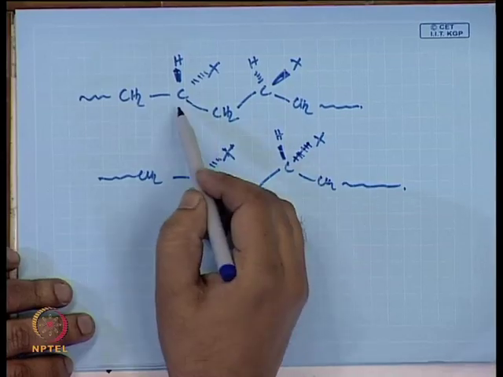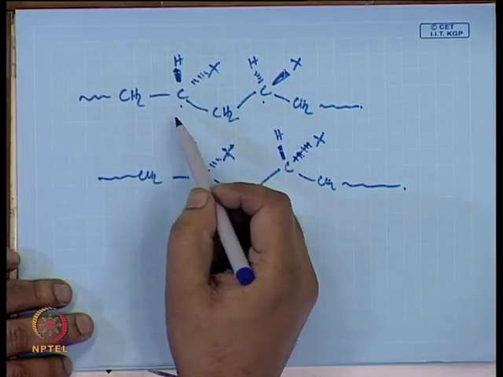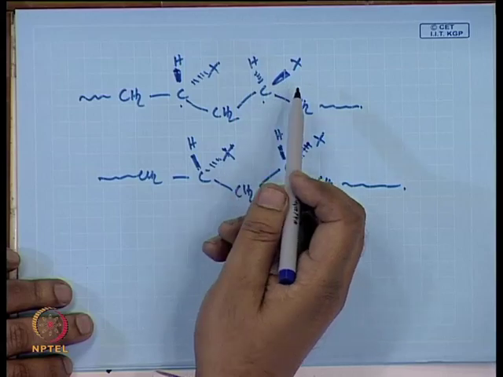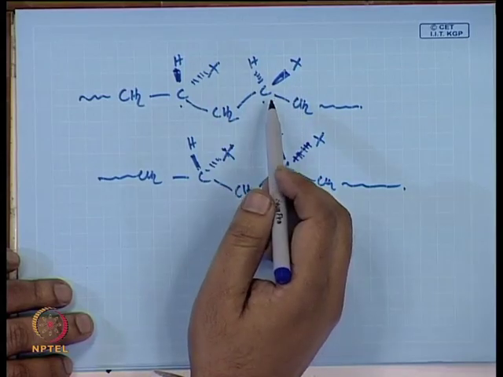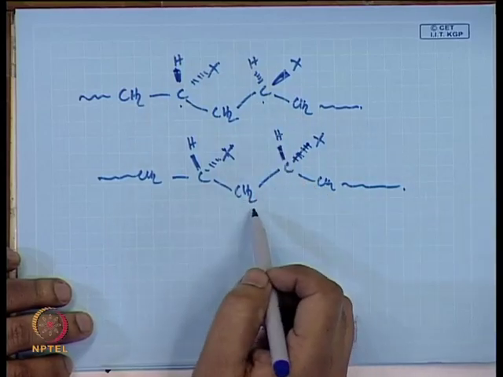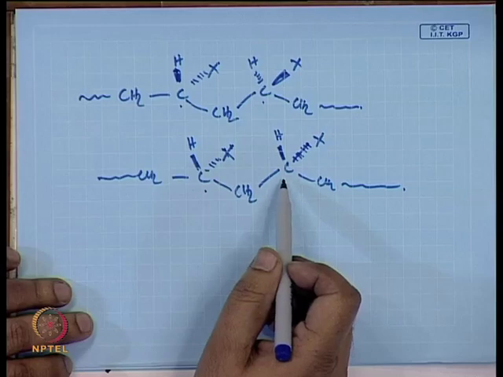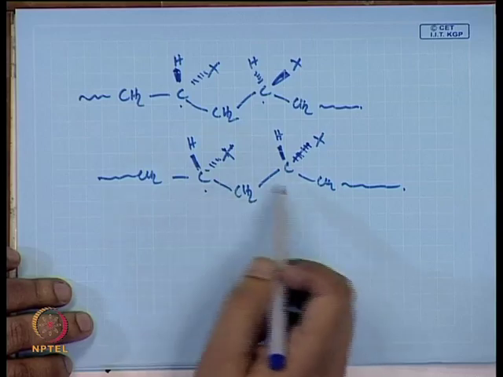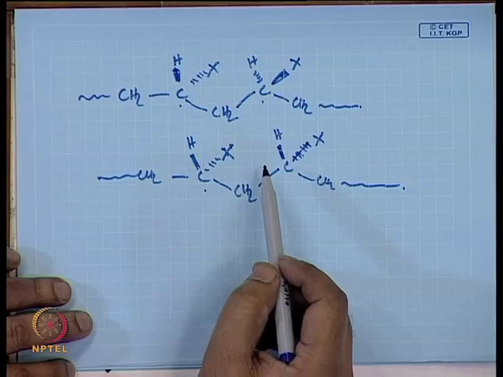Basically in this case these two carbon atoms have different configurations. If this is R, then it will be S, whereas in this case they have the same configuration. If this is R, then this is also R. So, that is two possibilities.